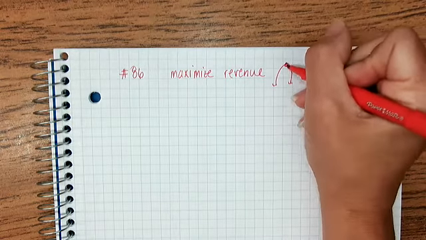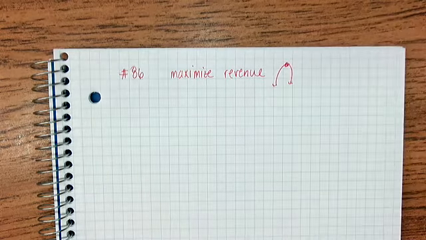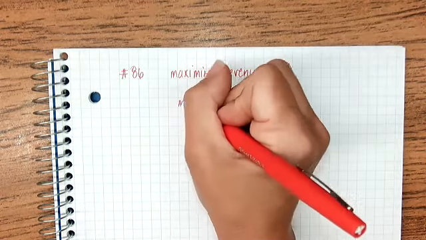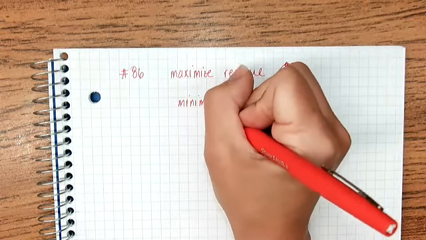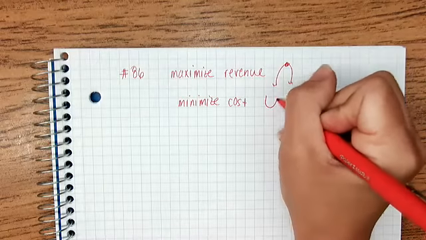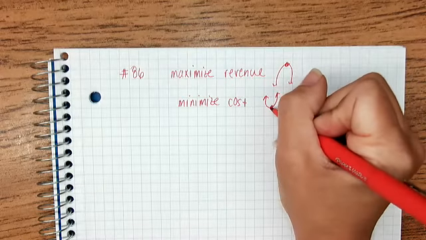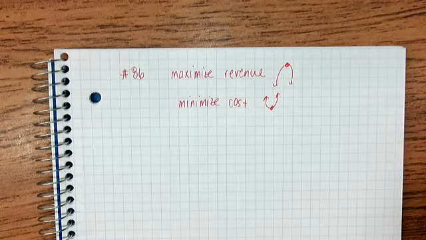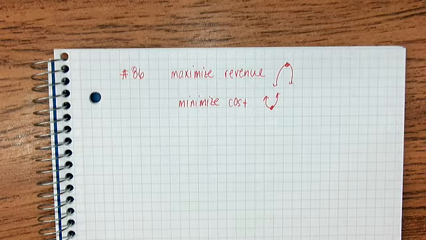Like this is the point you want. And you always want to minimize cost. So when you're doing that, it's going to look something like a right side up parabola. You'll learn more about this in econ, but this is just a generic parabola.